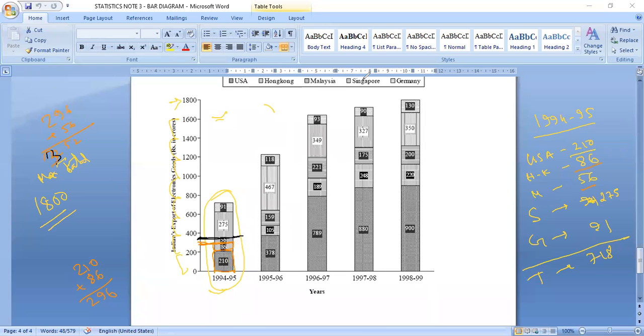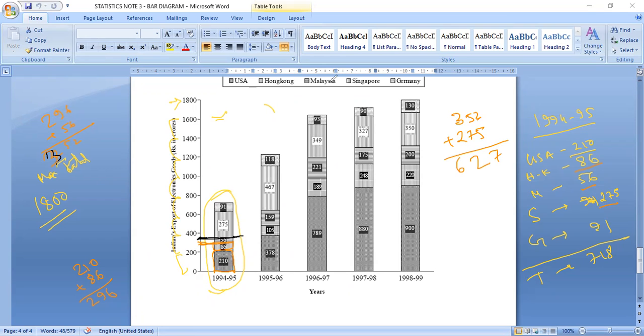Then you have to add 352 with 250, right?